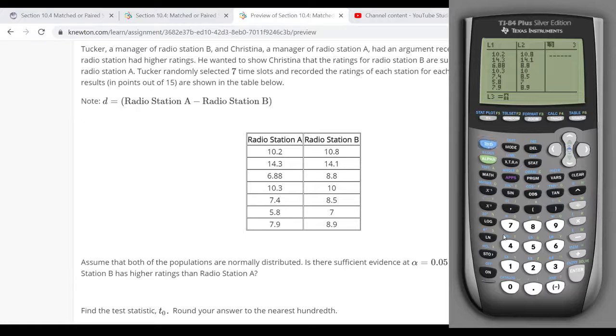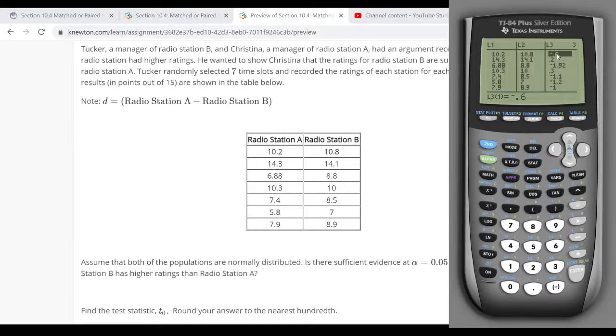I'll take the L1 values minus the L2 values, the radio station A ratings minus the radio station B ratings, and hit enter. And then you see how L3 is now populated with all those differences. 10.2 minus 10.8, negative 0.6. 14.3 minus 14.1, positive 0.2, and so on.